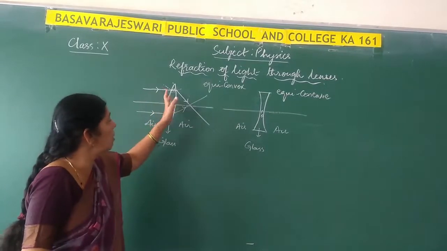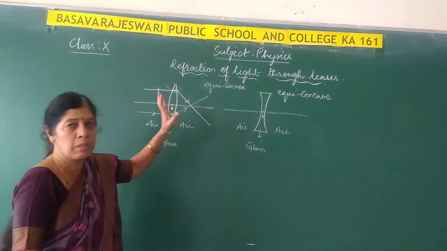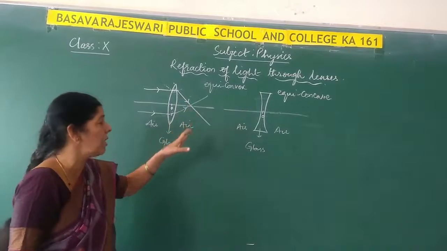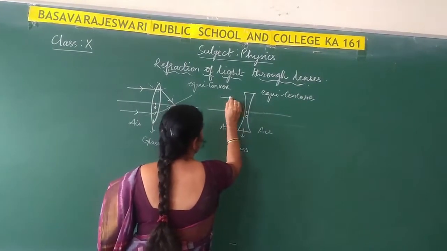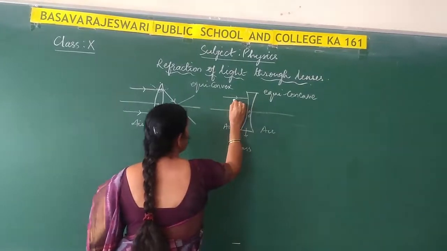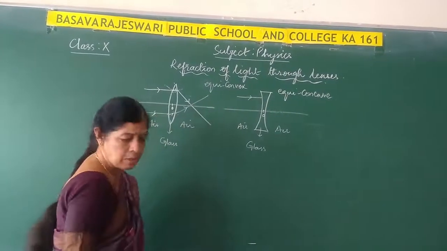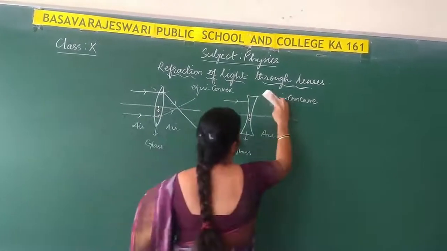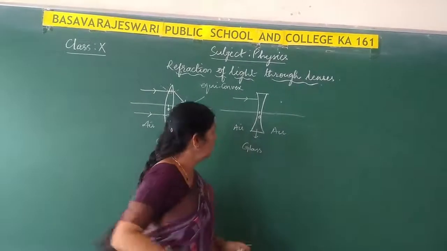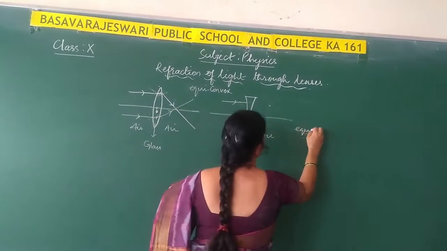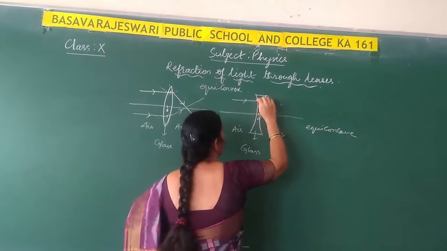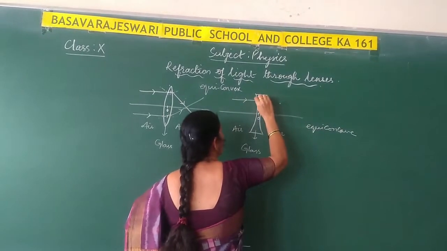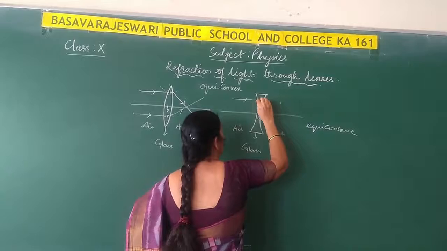Now the same phenomenon takes place even in case of concave lens also. See here, a light ray is incident on a concave lens. How does it undergo refraction? So here you draw a normal for this surface.